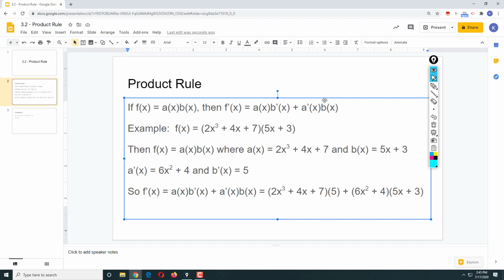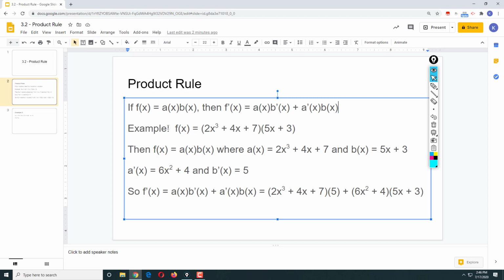In other words, if f is the product, we multiply two parts, part 1 and part 2, then the derivative is going to be part 1 times the derivative of part 2 plus part 2 times the derivative of part 1. Here's an example. We'll look at two examples in this video.